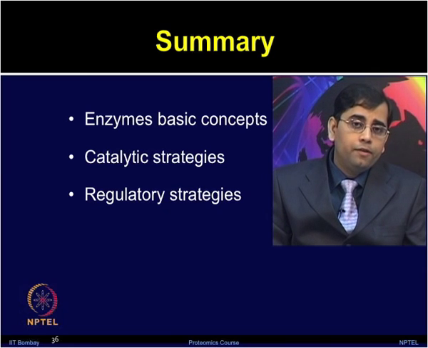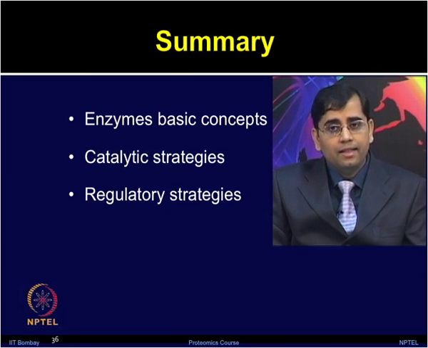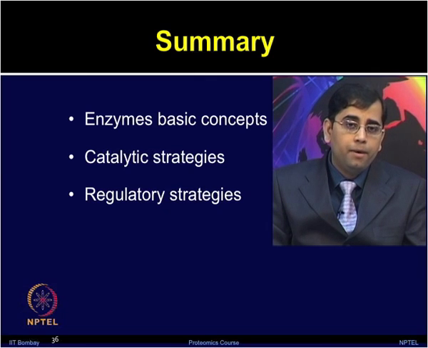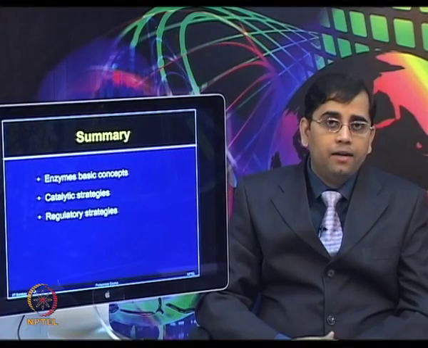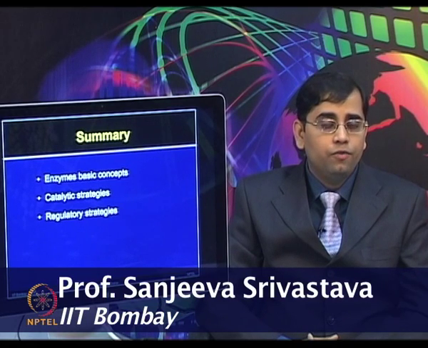The activities of metabolic pathways in cells are regulated by control of the activities of certain regulatory enzymes, and 4 different regulatory strategies were discussed. So, I hope now you have some basic understanding of enzymes and different catalytic and regulatory strategies.